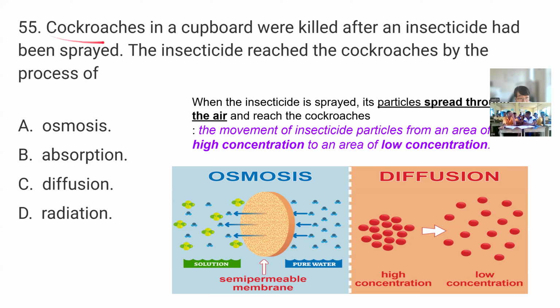So here, the question is: cockroaches in a cupboard were killed after an insecticide had been sprayed. The insecticide reached the cockroaches by the process of, is it osmosis, absorption, diffusion, or radiation?